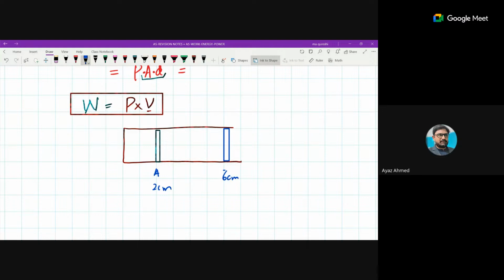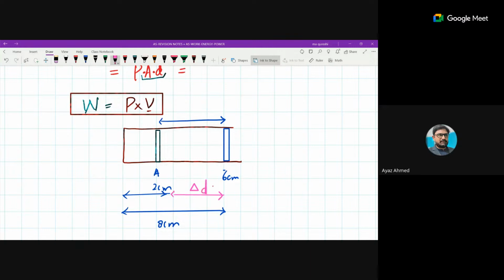So the initial distance of the piston from the base is 2 centimeters, and the final distance is 8 centimeters. What change has happened? This is final minus initial, so actually this is your delta d.